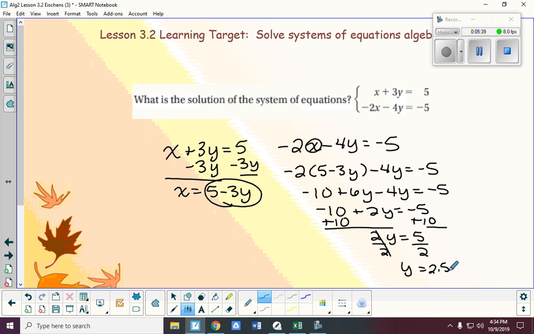And now we'll substitute back in right here, so we have 5 minus 3 times 2.5. So that would be 5 minus 7.5, which would be a negative 2.5. So that's what x equals. So those are our solutions.